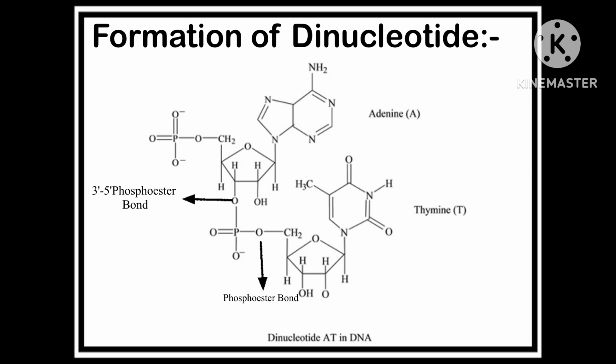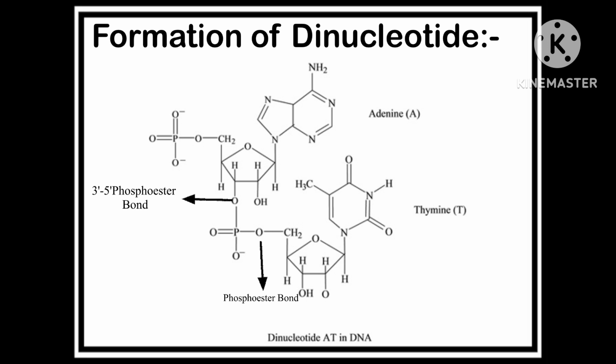So this compound will be AMP, adenosine monophosphate, and this is our second nucleotide with the group H on it, which indicates that it is deoxyribose sugar, with T on the nitrogen base, which means it's thymine, and it will be the dTMP compound, which means deoxythymidine monophosphate. So when you add these two nucleotide compounds together, it will become a dinucleotide.